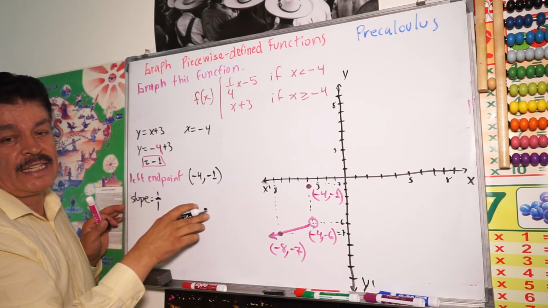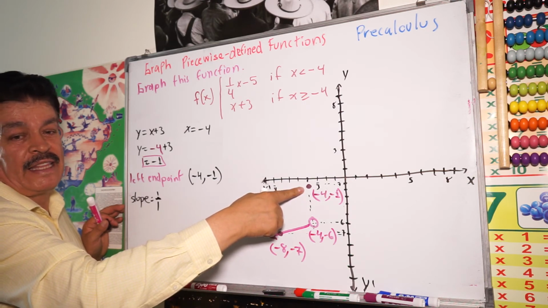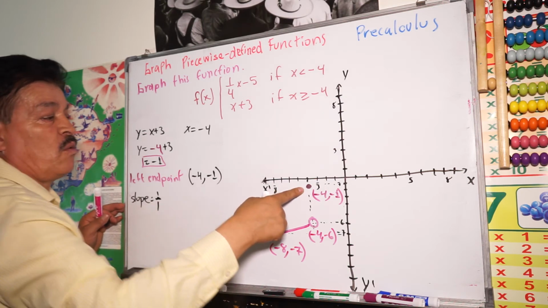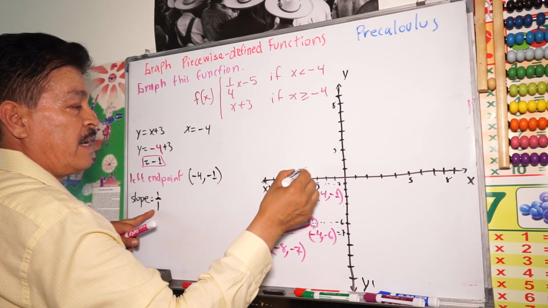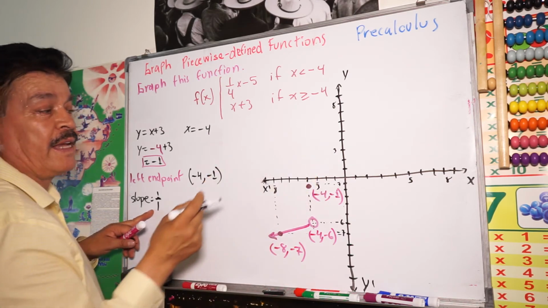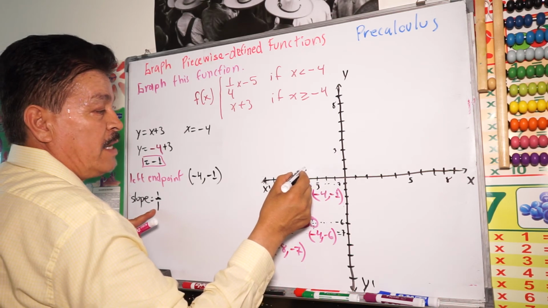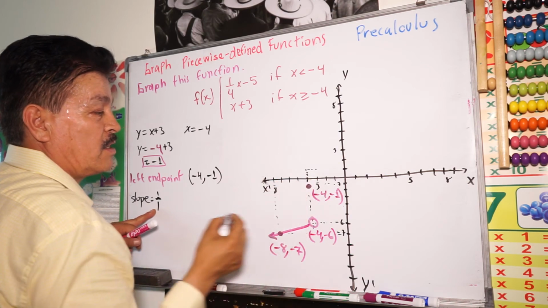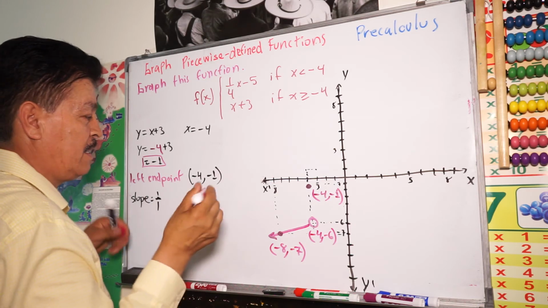We start at this point and move up 1 and right 1 to find another point. So we move up 1 and then move to the right 1. Now you have the second point.